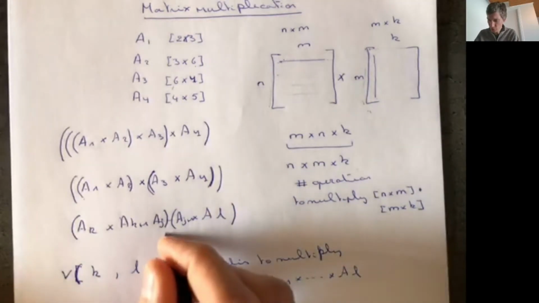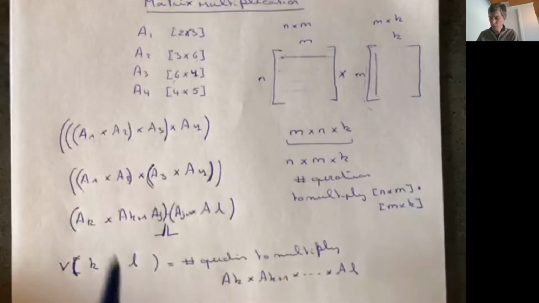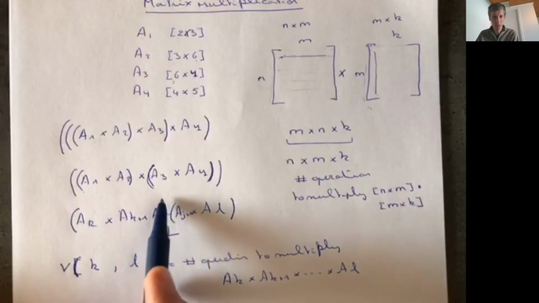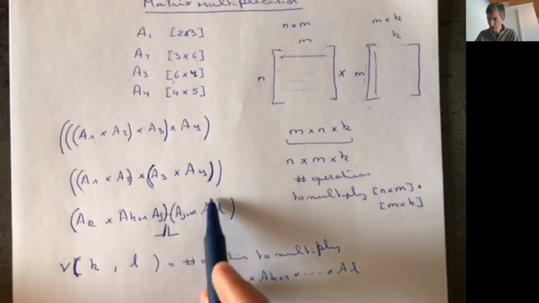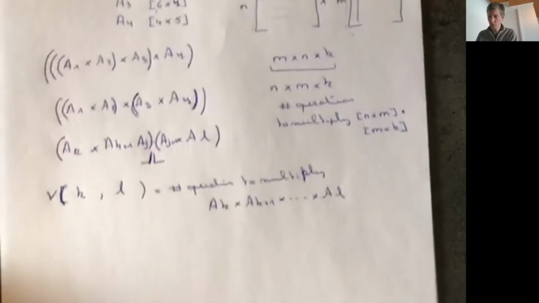And the question is, where will we put the split? The split can be at AK, could be at AK plus 1, could be at AK plus 2, and so on until AL minus 1. These could be all the splits.